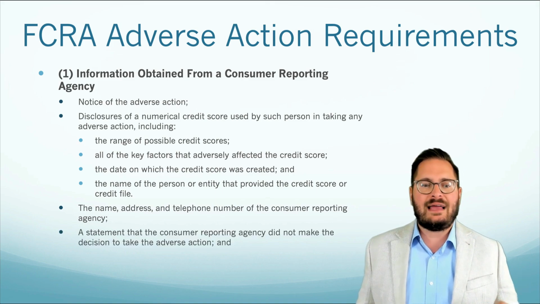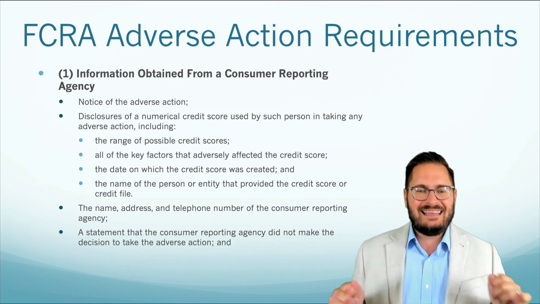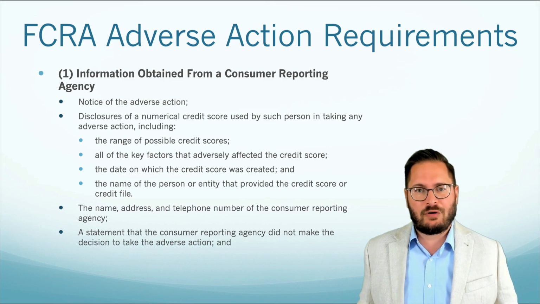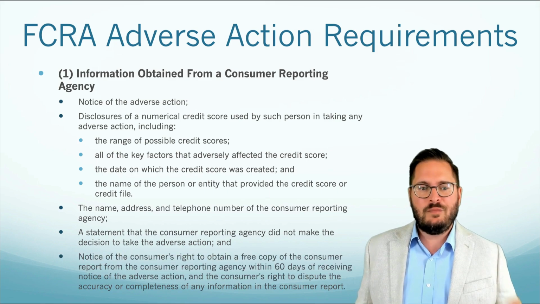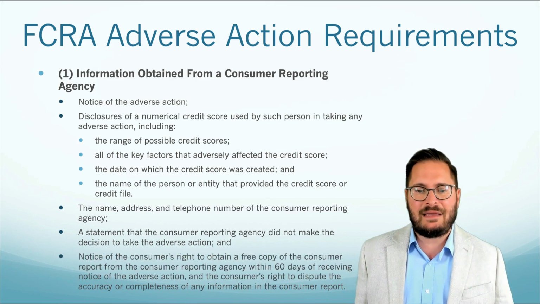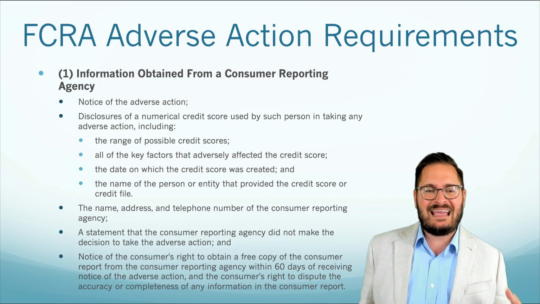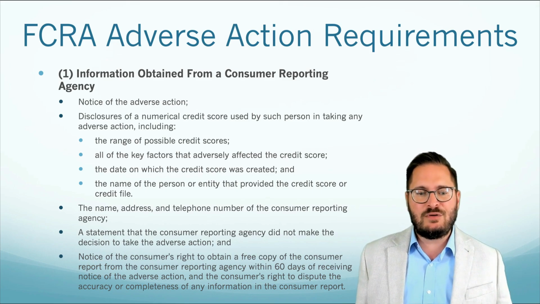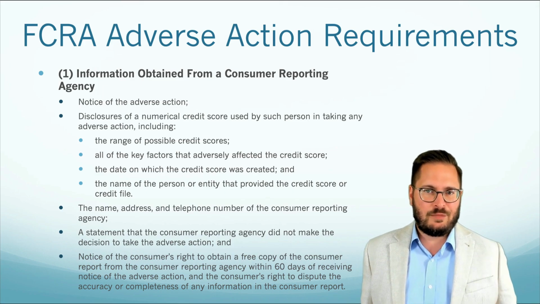You must also provide a statement that the consumer reporting agency did not make the decision to take the adverse action. That was your financial institution and not the consumer reporting agency. And finally, in your Fair Credit Reporting Act Adverse Action Notice, you must provide a notice to the consumer about their rights to obtain a free copy of the consumer's report from the consumer reporting agency within 60 days of receiving the notice of adverse action, and the consumer's right to dispute the accuracy or completeness of any information held within the consumer report.